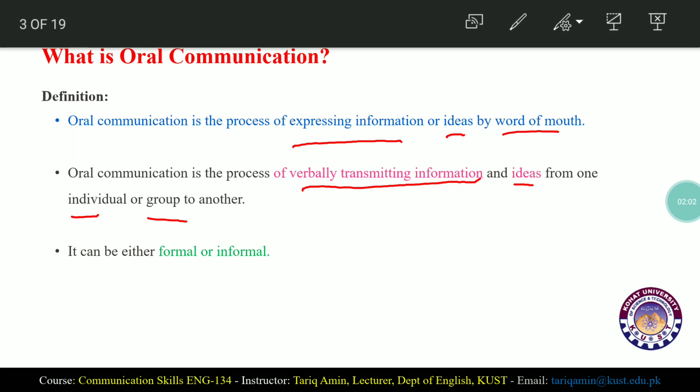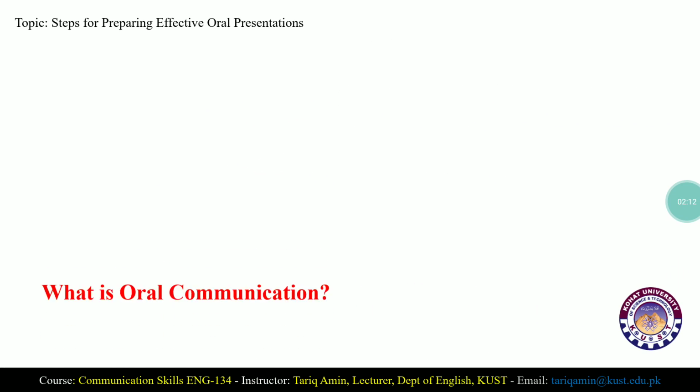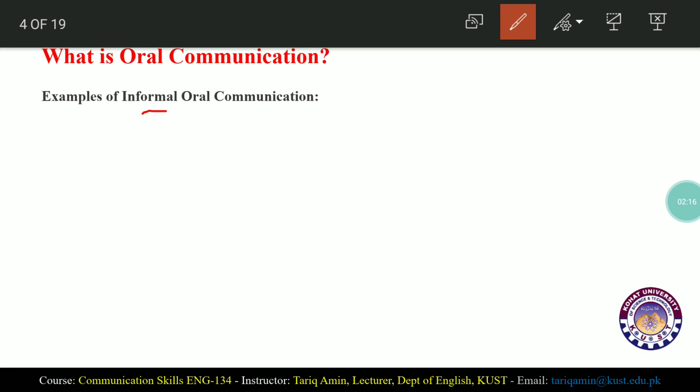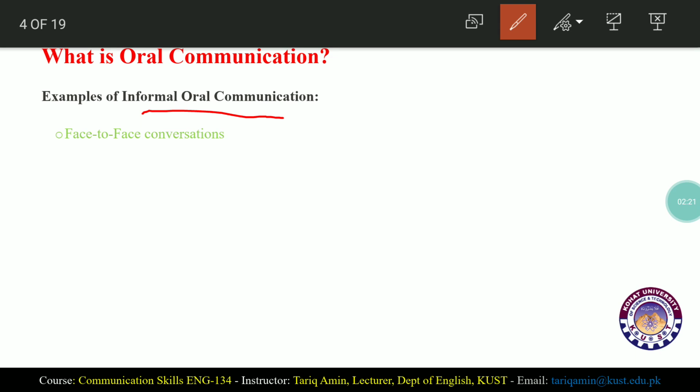So this oral communication can be formal or informal. The examples of informal oral communication are, for example, face-to-face conversations. When we communicate or converse with people face-to-face, it is informal oral communication.